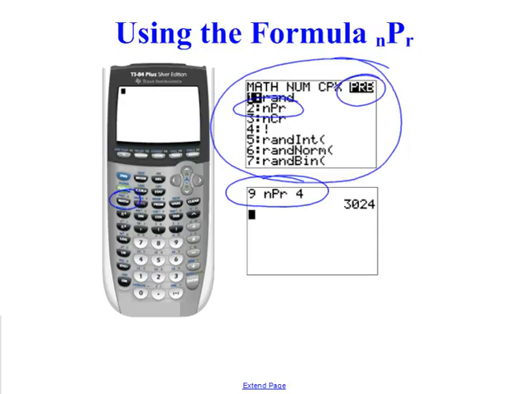Then hit enter on the calculator, and it will give you your answer, 3024. What this means is, if you have 9 total objects, and you want to find how many different ways you can arrange 4 of those 9 objects, there are 3024 different ways to arrange 4 out of 9 of those objects. So we're going to be using the calculator a lot here.